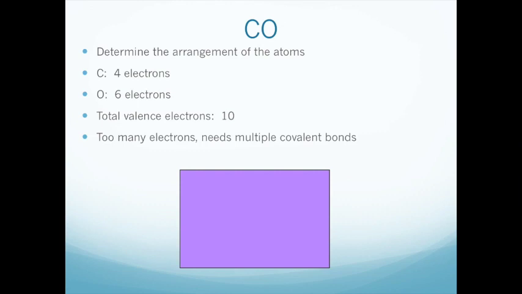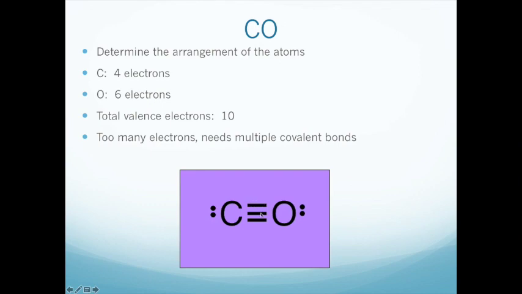Now, it's easy to see that there will be too many electrons, and we will probably need multiple covalent bonds in order to account for them. So, here is the carbon atom and the oxygen atom.